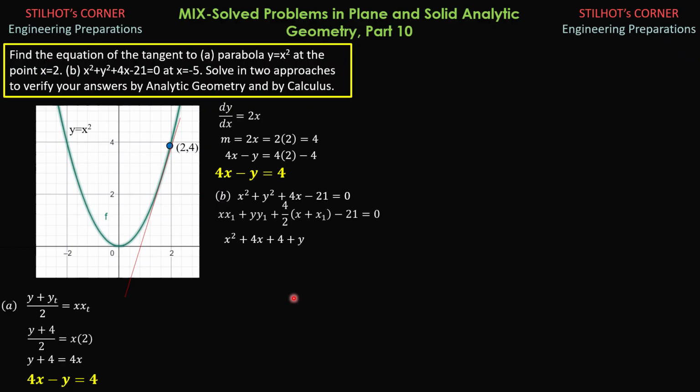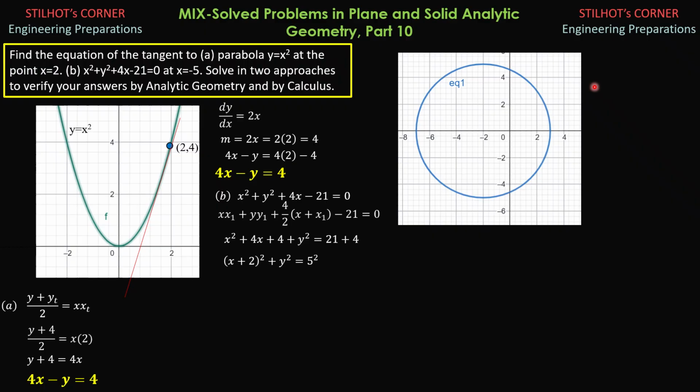So x squared plus 4x plus 4 by completing squares, plus y squared equals 21 plus 4. So (x plus 2) squared plus (y minus 0) squared equals 5 squared. This is a circle with center at (-2, 0) and the radius is 5, as shown here.